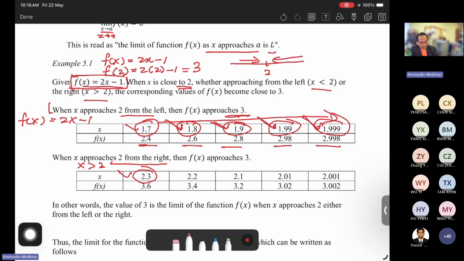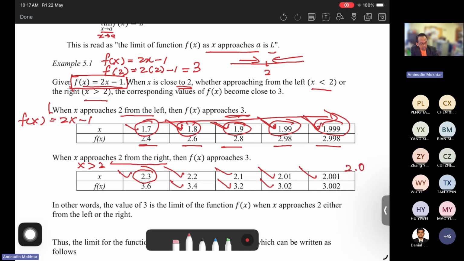Now, when x comes closer to 2, at 2.2, f(x) equals 3.4. When x is 2.1, y is 3.2. When x is 2.02, y is 3.02. When x is 2.002, y equals 3.002.